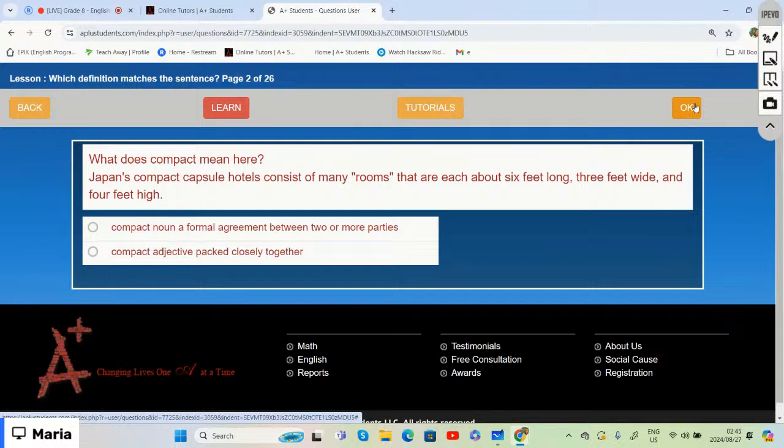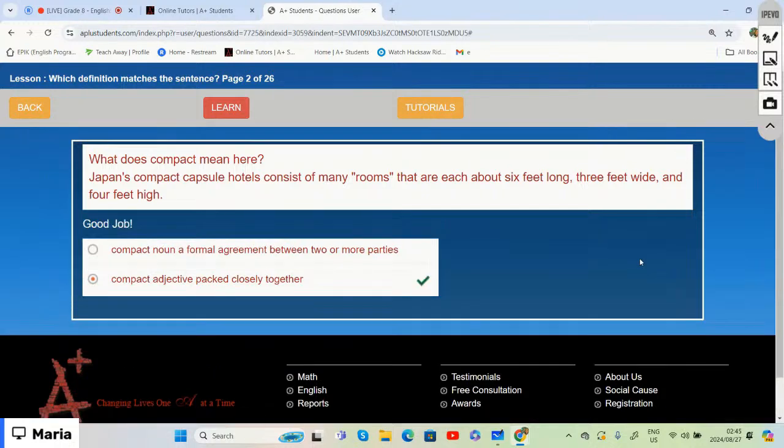So option one or option two. And if we were to choose the correct one, then we would say it is packed closely together.